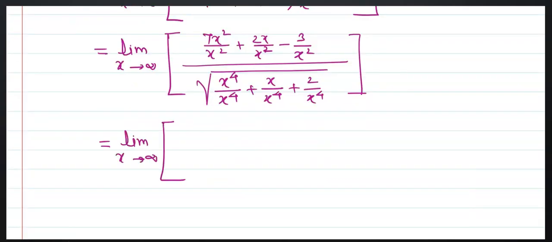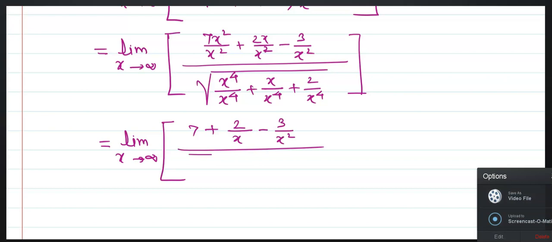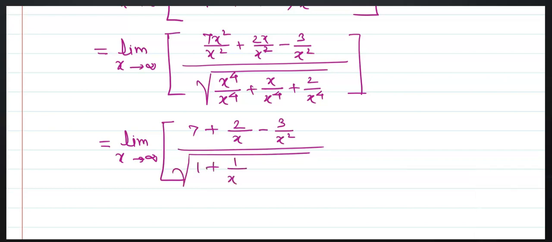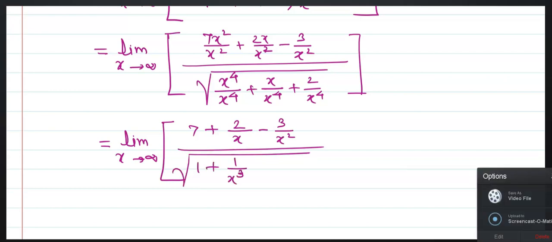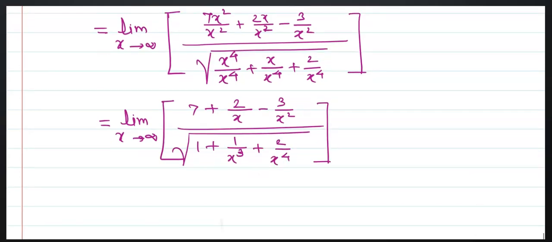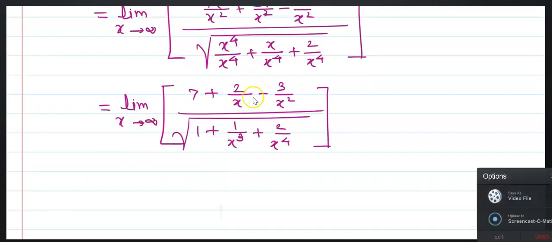Therefore, limit x tends to infinity, (7 + 2 upon x − 3 upon x²) upon √(1 + 1 upon x³ + 2 upon x⁴). Now, as x tends to infinity, 2 upon x, 3 upon x², 1 upon x³ and 2 upon x⁴ become 0.